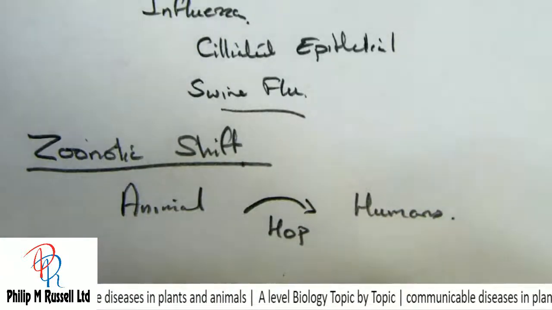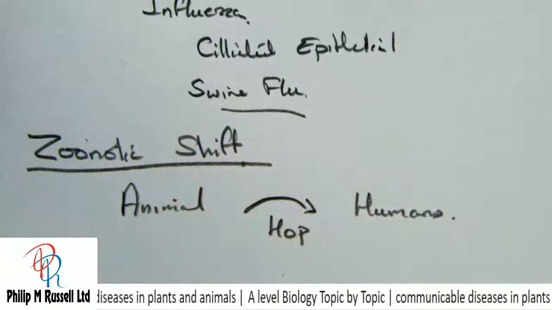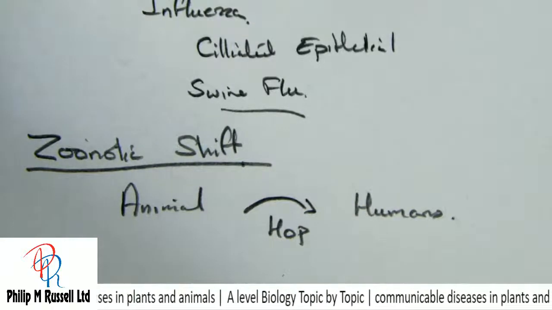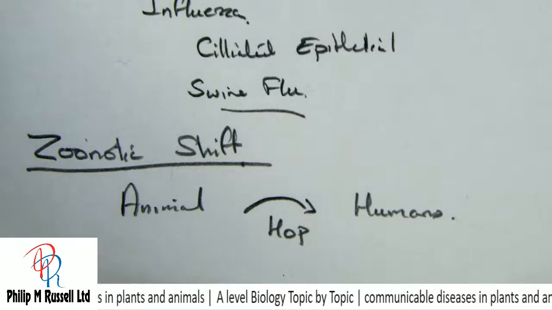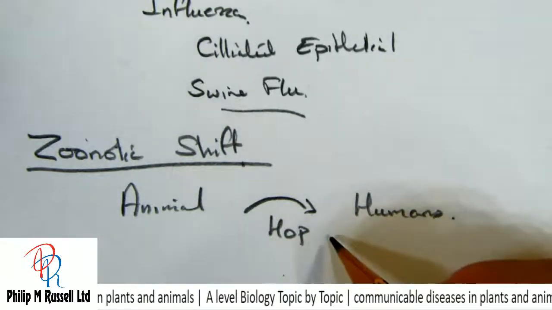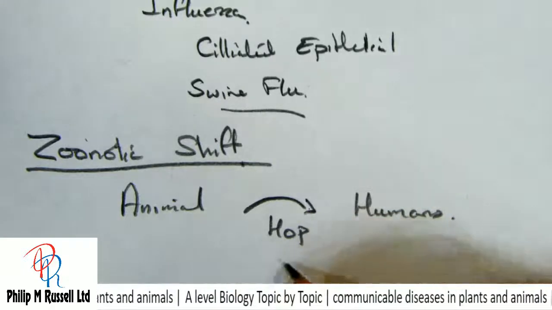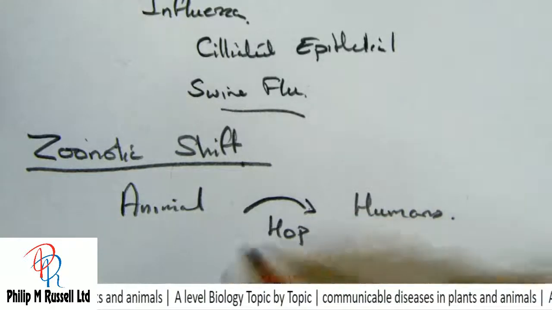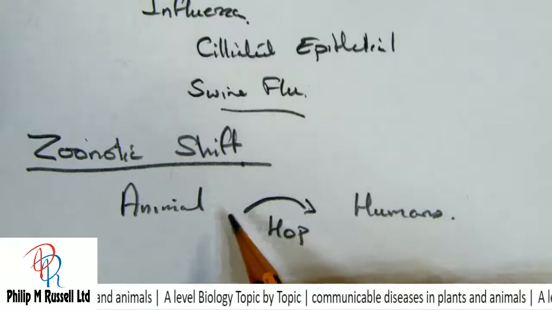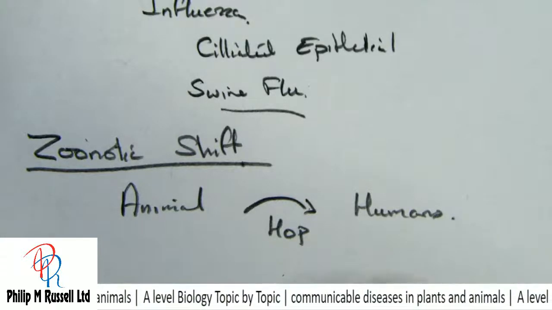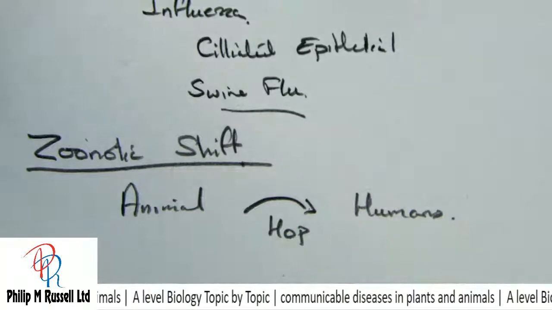Now, basically the humans need to be exposed to the animal in some way, and this could be with a pet, or as happens in places like China where they seem to store lots of different animals together, is a possibility.